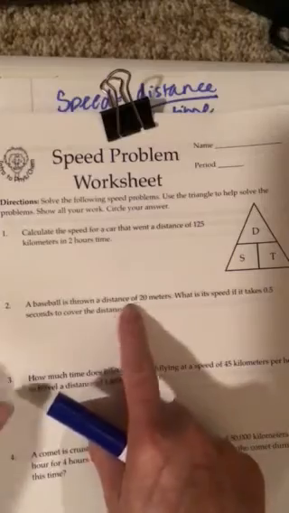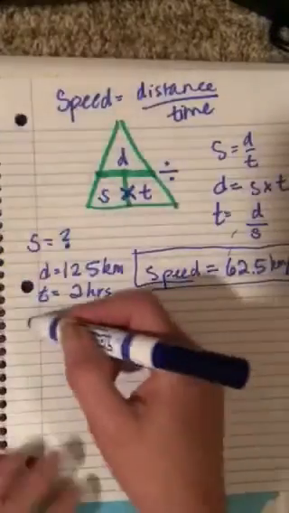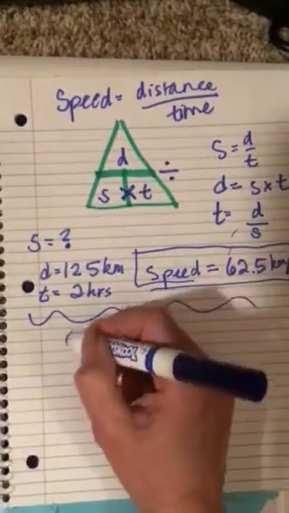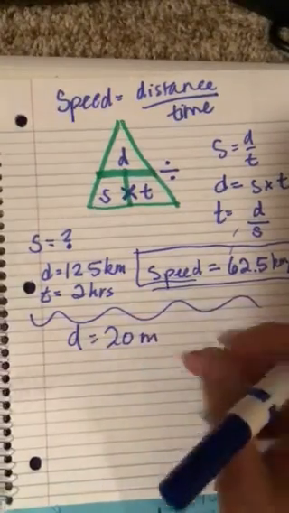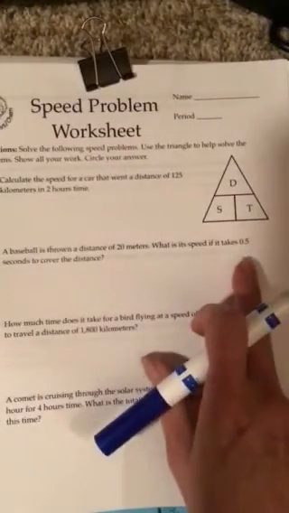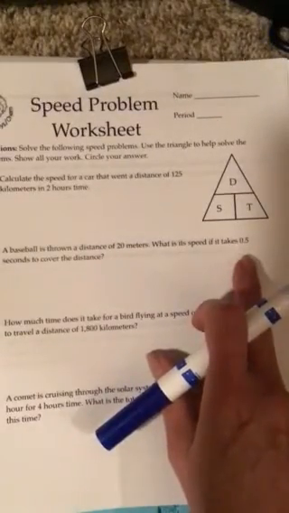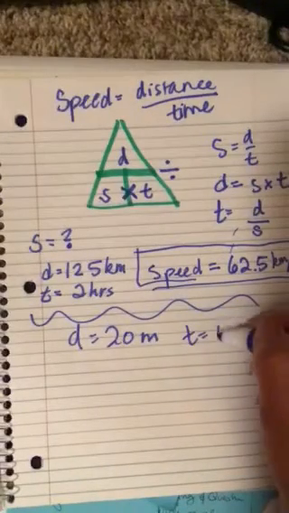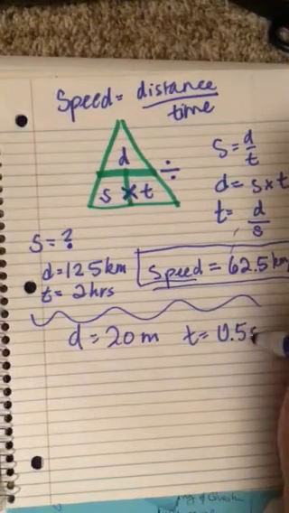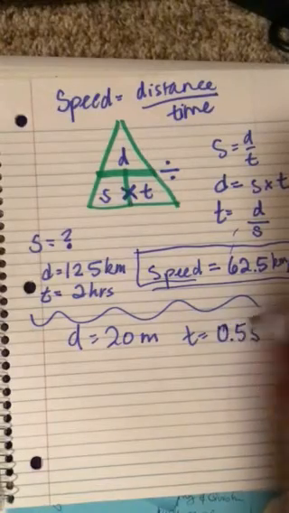It's thrown the distance of 20 meters, so D is equal to 20 meters. It takes 0.5 seconds to cover that distance, so the time involved is 0.5 seconds.